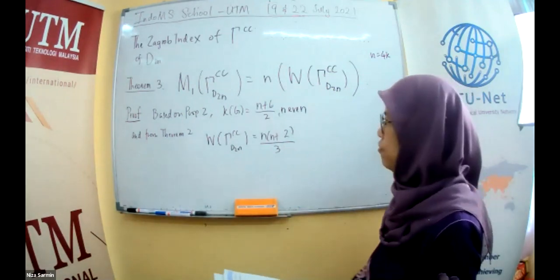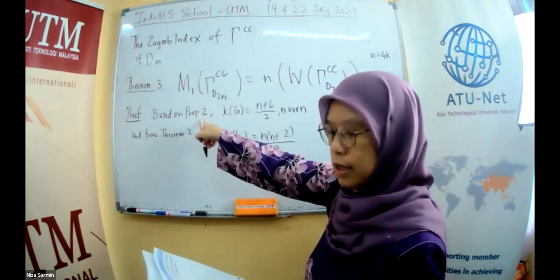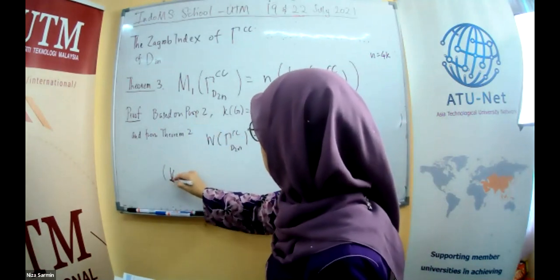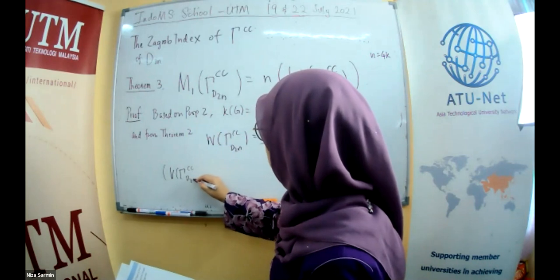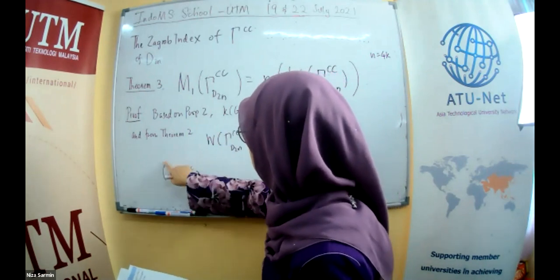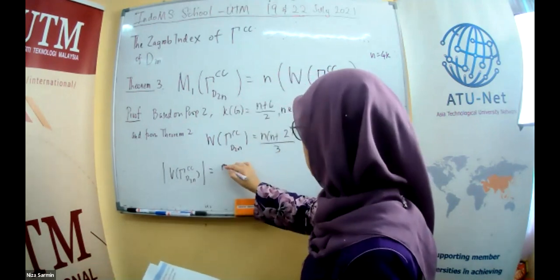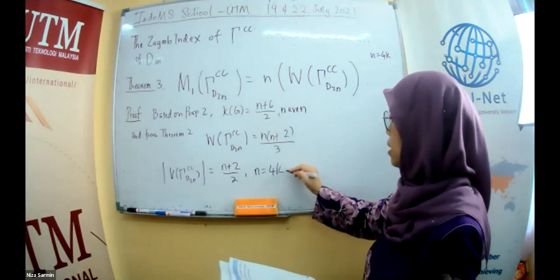Now, from Proposition 2 also, the total number of vertices for the conjugacy class graph for D2n is equal to (n+2)/2 when n is 4k.